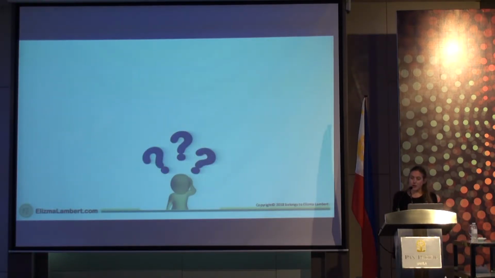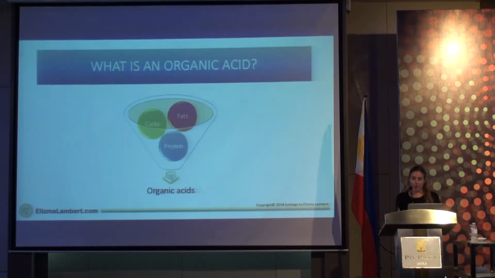All right. So to understand the organic acid test, you have to understand what it measures. So as we all know, it measures organic acids, but what is an organic acid really? Organic acids are defined as non-aminocarboxylic acids, and this includes compounds of carbohydrate, lipid, and protein metabolism and their catabolic intermediates.